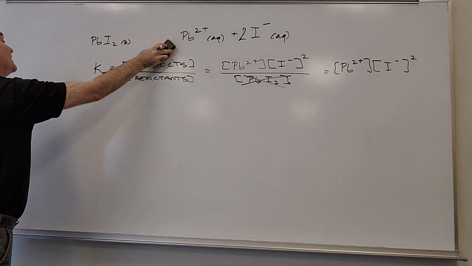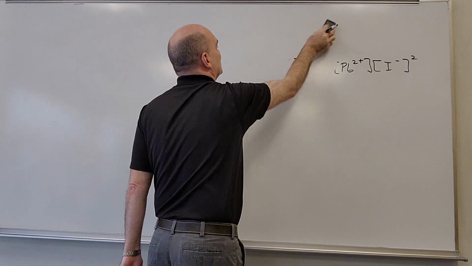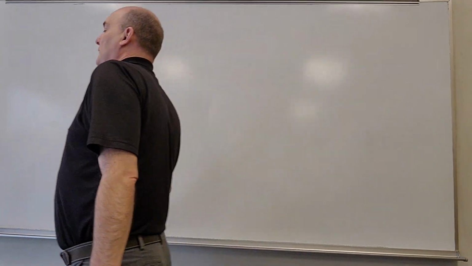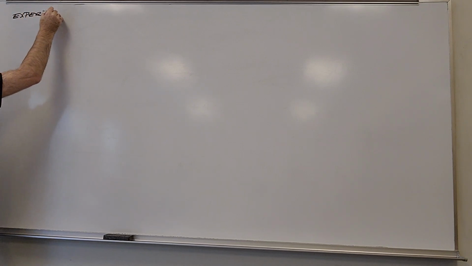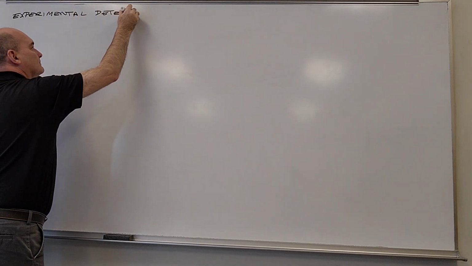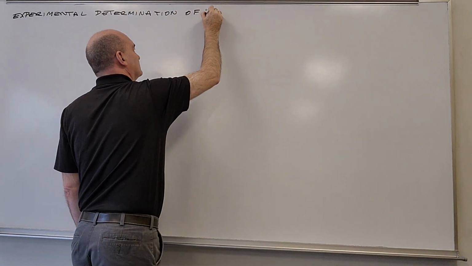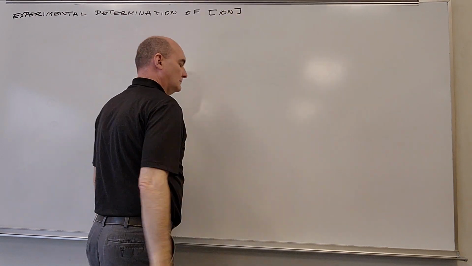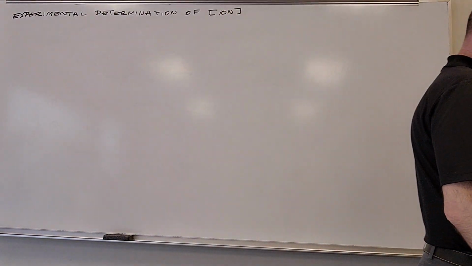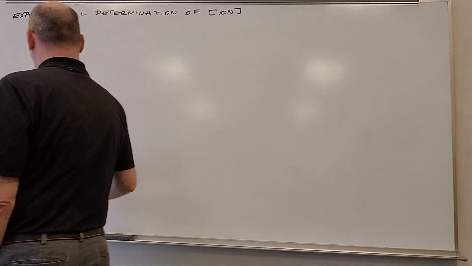Like do a titration. Titration is absolutely one way. So experimentally, how am I going to find the numbers that are in solution? Two big ways. How am I going to find the concentration of my ions in solution?